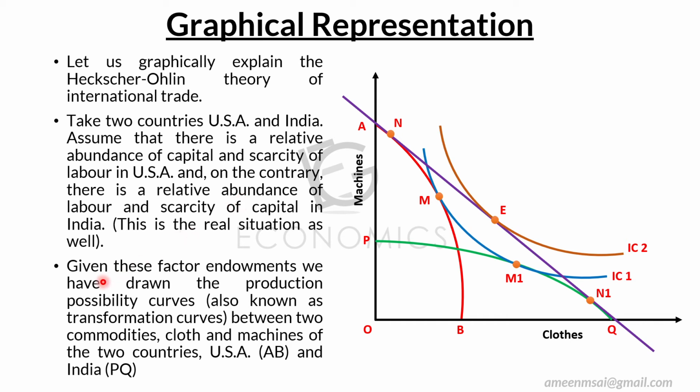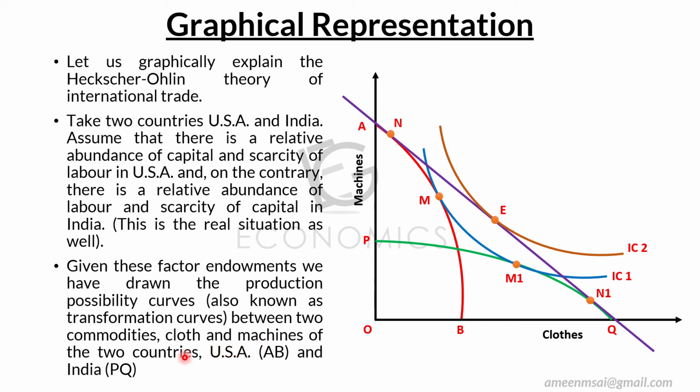Given these factor endowments, we have drawn the production possibility curve, also known as the transformation curve, between two commodities. Here we are considering two commodities, clothes and machines. Cloth is a labor intensive commodity, because rather than capital and machines, we require more laborers, more workers in order to make clothes. And when it comes to machines, we use more capital intensive technology in order to produce other machines.